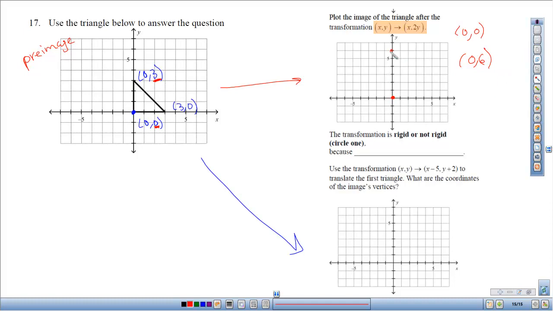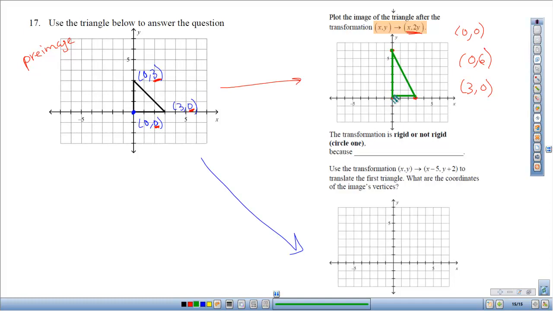So 0, 6 would be right there, right? You just use this as a little formula. Whatever this says to do, you do that. And 3, 0, well, the x value is going to stay the same, and the y value is going to get doubled. So what is 2 times 0? Still 0. So over 3 right there. And maybe I'll draw in my new triangle.